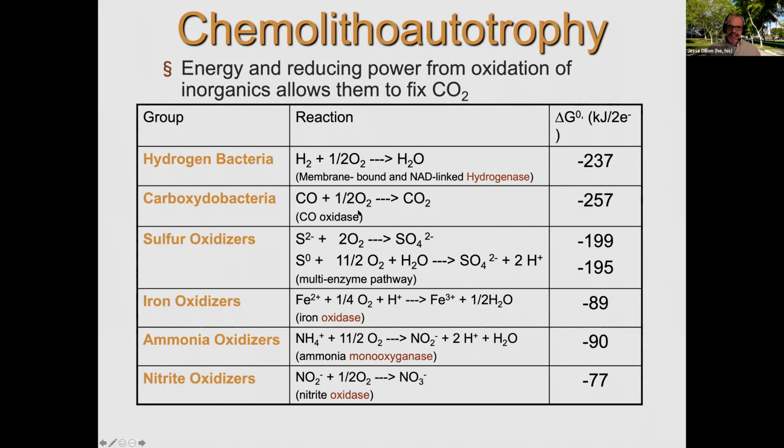So if you oxidize something like hydrogen, which we know has electrons, or sulfide, which has electrons, or iron. This is the opposite of the previous slide. Before, I said that we were taking Fe3+ and turning it into Fe2+. That was iron reduction. This is iron oxidation, or rust. These reactions will occur naturally in the presence of oxygen.